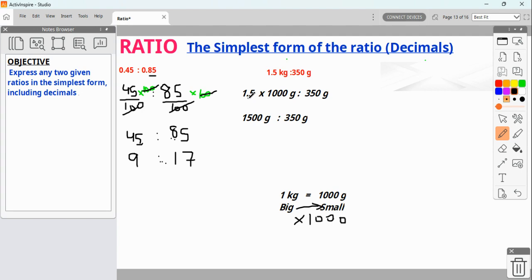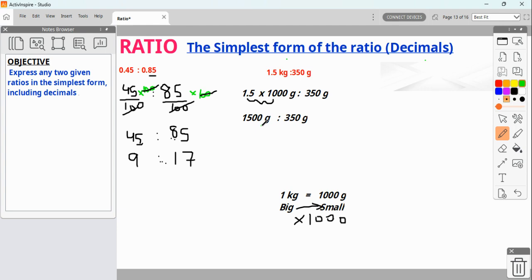You can check it. 1000 has three zeros. So when we multiply any decimal number by 1000, our decimal point will move to the right three places, three steps: step number one, step number two, step number three. At one decimal place the number 5 is already written, but the other two places are empty, so we have to put zeros there. So it became 1500.